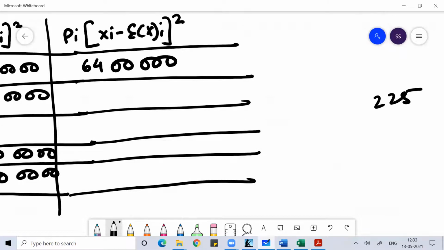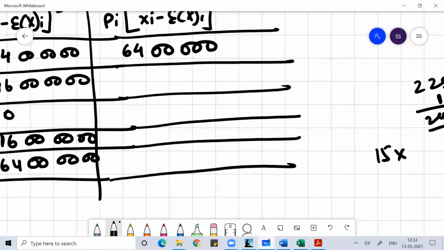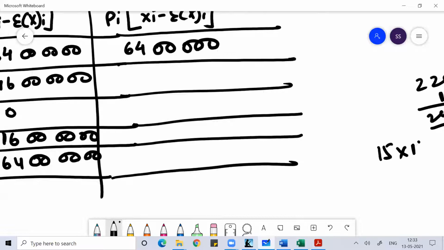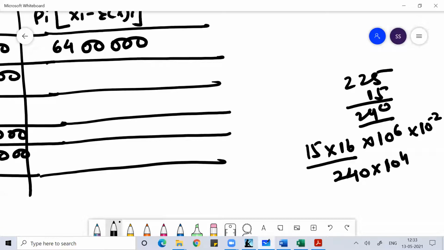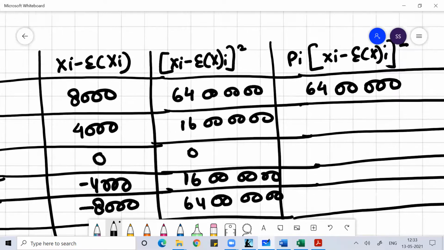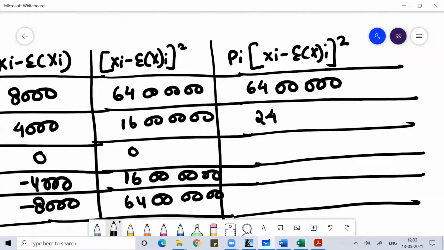So 0.15 is 15 times 10 to the power minus 2. This is 240 times 10 to the power 4, which means 24 times 10 to the power 5. Correct me if I'm wrong. Then the next one would be 0.